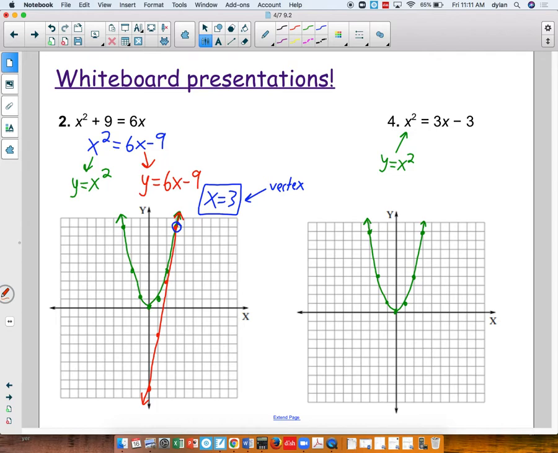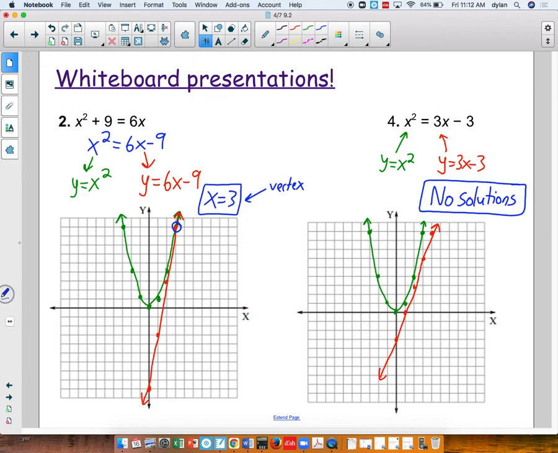And then I'm also going to graph y equals 3x minus 3. So we'll put our y-intercept at negative 3, and we're going to use our slope of positive 3. And for this problem, we come to an interesting conclusion, which is that these never intersect. So our solution here is actually that there are no solutions.